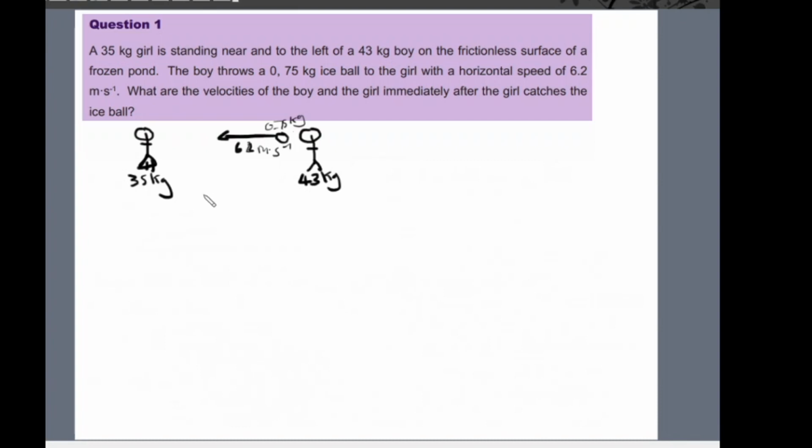So here we can apply the principle of conservation of linear momentum because we have a closed system, right? How do we know that we have a closed system? They tell us they are standing on a frictionless surface. So there is no friction, meaning there's no external force here.